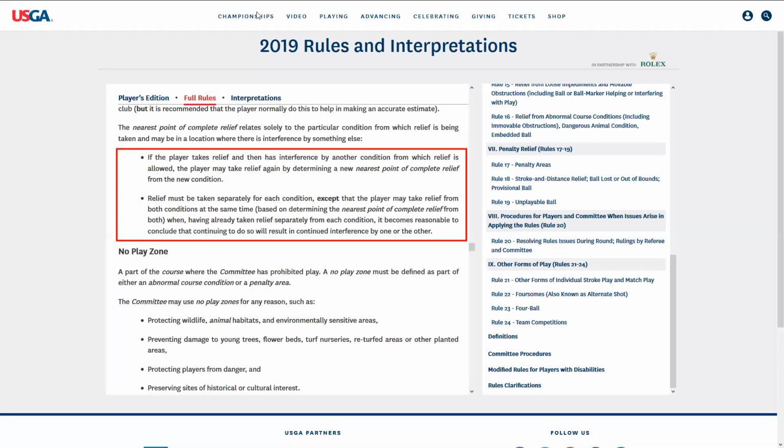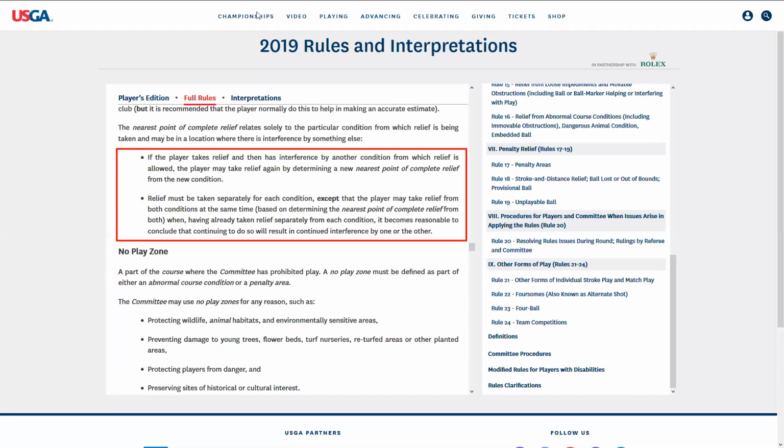What that says, if you're standing on a cart path and your ball is in temporary water, you can take relief from either. And if you take it from the cart path and you drop it in temporary water and you no longer have relief from the cart path, you're good to go. But now you say, I want to take relief from the temporary water.